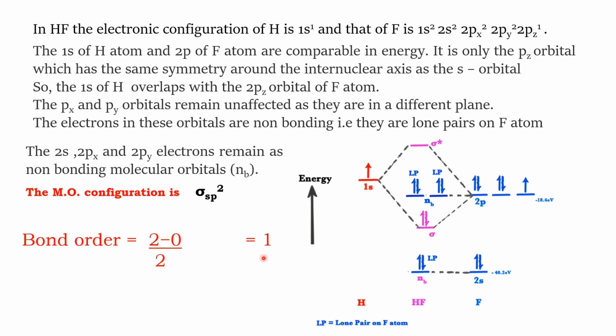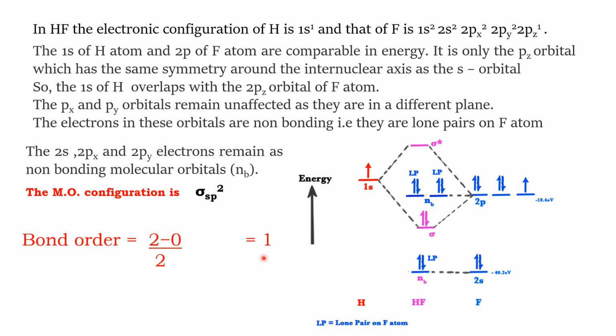So we could say HF is a special molecule in which the 1s orbital of hydrogen overlaps with the 2pz orbital of fluorine to form sigma sp bonding molecular orbital and sigma star sp anti-bonding molecular orbital.